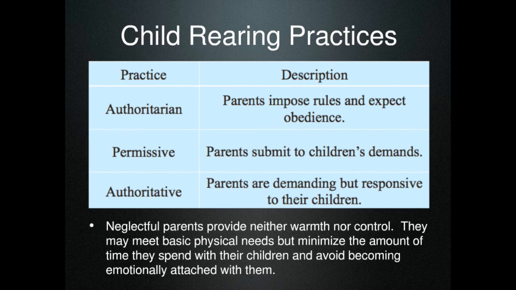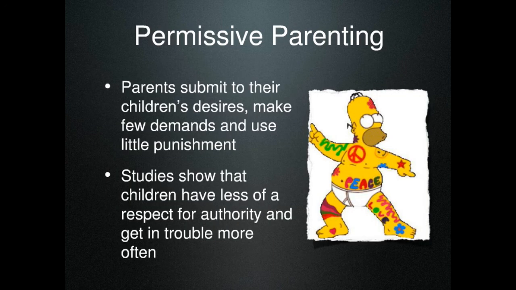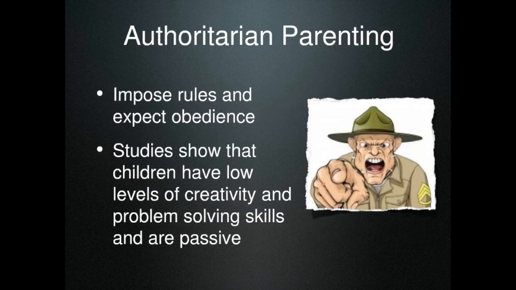Then we covered the three parenting styles: authoritarian, permissive, and authoritative. And Homer is the permissive parent, allows kids to kind of experiment and come up with their own conclusions. It's shown that these children have less respect for authority. They get into trouble more often. There's authoritarian. This is the drill sergeant parent.